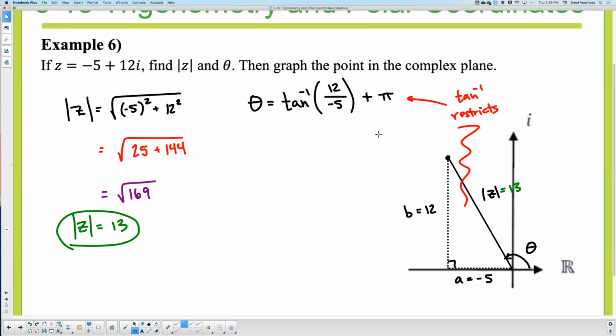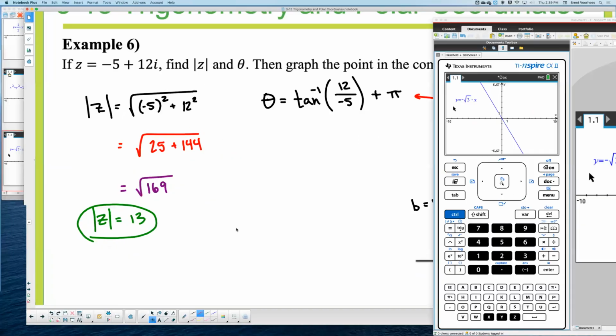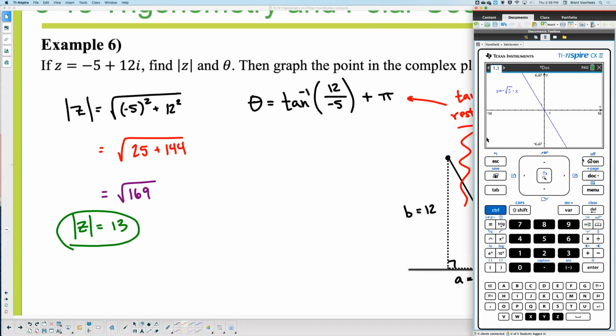So let's go to our calculator and figure out what this is. Make sure you're in radian mode. Trig, tangent inverse of 12 divided by -5, and I'm going to put a plus pi on the outside. I'm getting 1.9655. Okay, I'm going to get you ready for the AP exam.